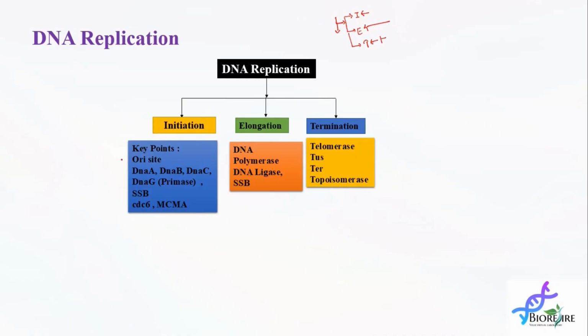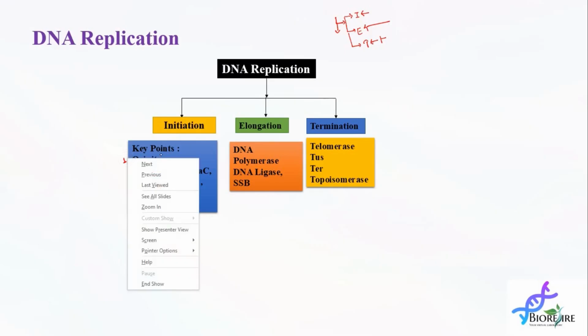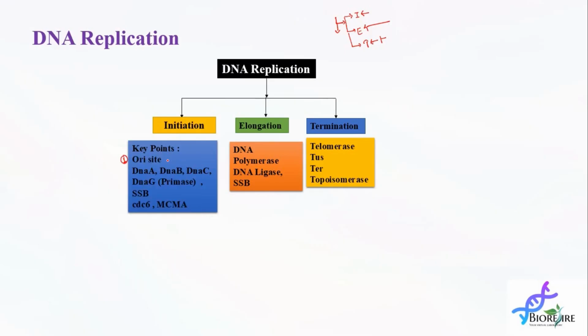At initiation, the first and most important component is the ORI, the point where the replication process will start. DnaA, DnaB, DnaC, DnaG are the enzymes that help to form the replication fork.